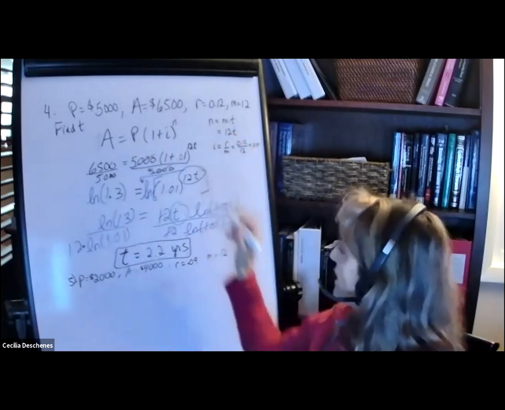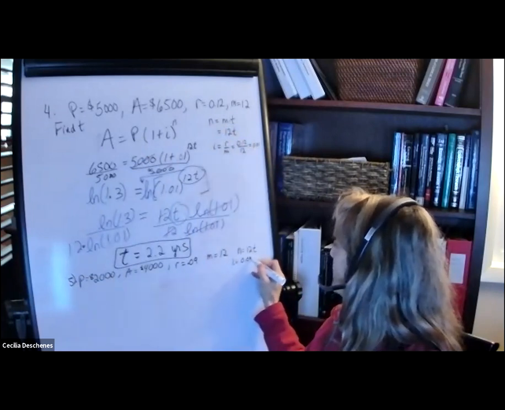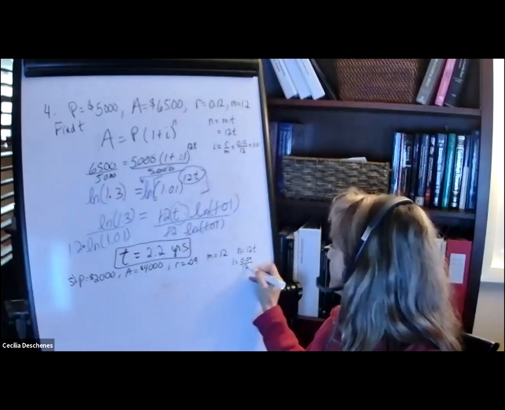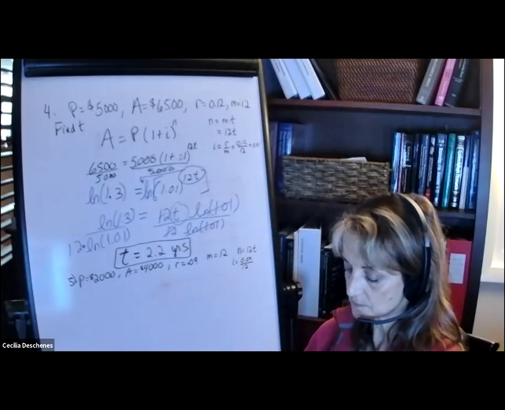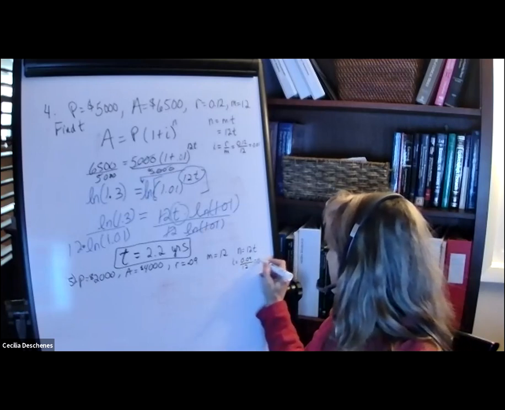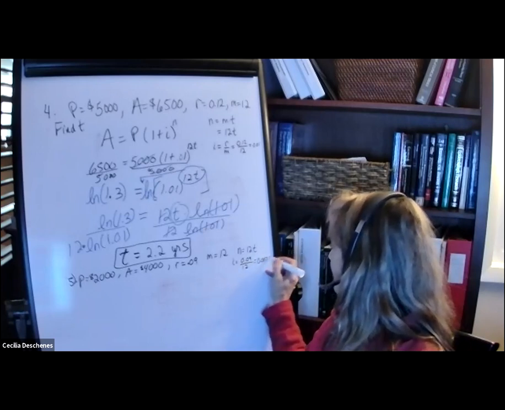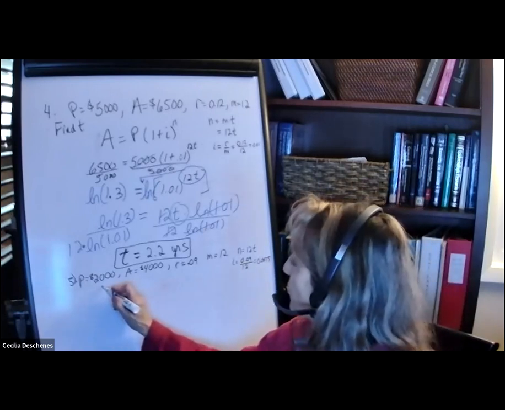And our i is going to be 0.09 divided by 12, and 0.09 divided by 12 is 0.0075.